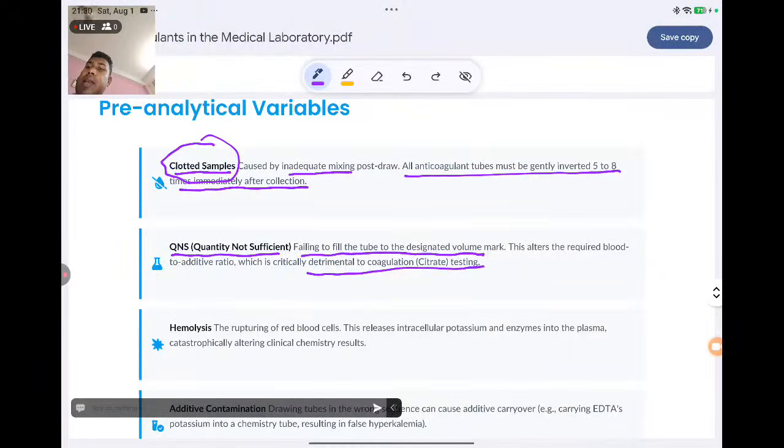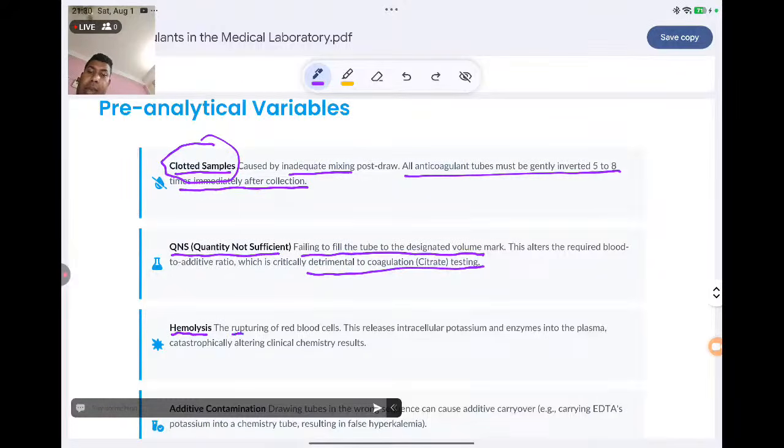So when we are taking the sample in a sodium citrate tube, we should fill the tube in sufficient quantity. Now, hemolysis.